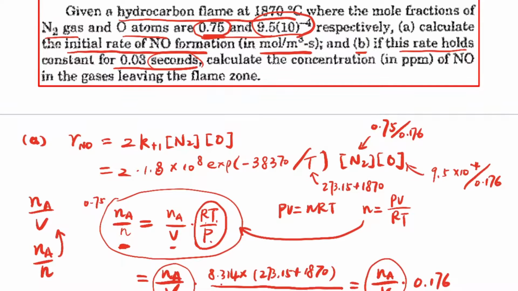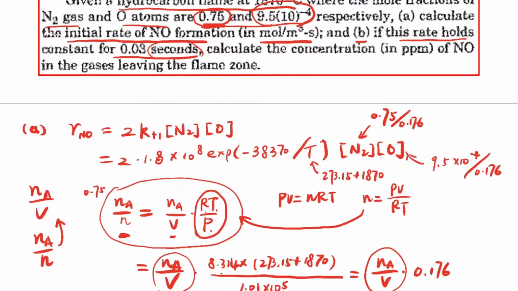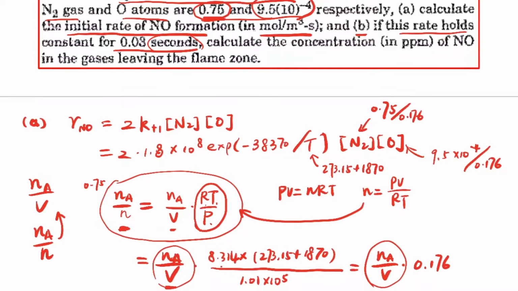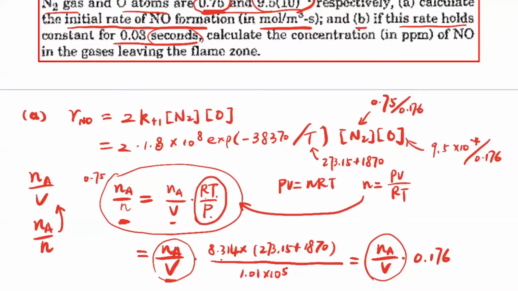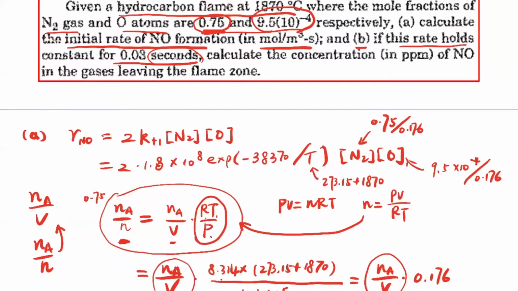So that's why we cannot use the equilibrium constant to solve for the concentration. We have to use the kinetics to solve for the concentration of the nitrogen monoxide or nitrogen dioxide. Since we already have the rate, and if we know the time, then we can calculate the concentration of the nitrogen monoxide, right?